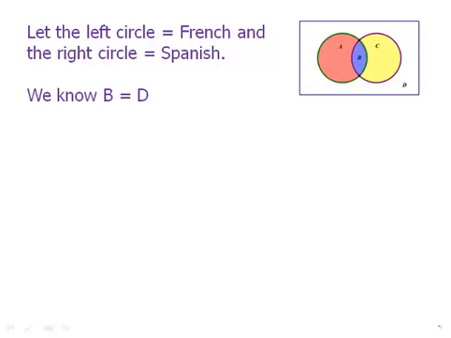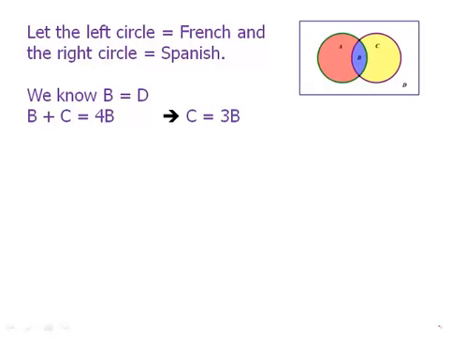So if we consider the people that study Spanish and French, the people who are in the both region, the overlap region, then 4 times that amount is the total number of people who study Spanish. So in other words, B plus C equals 4B. And we can simplify this by subtracting B, and we get C equals 3B. All right, so that's another equation.